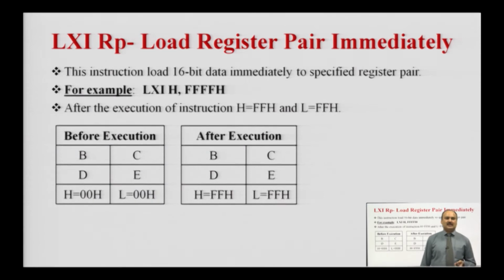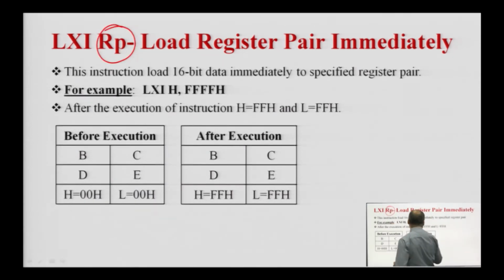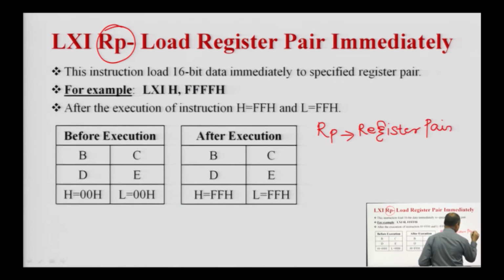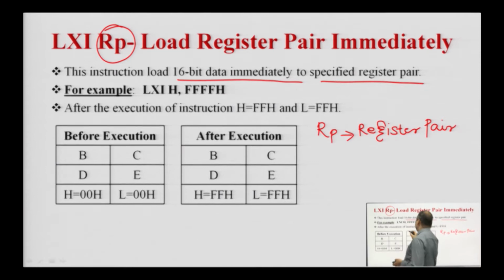Next instruction is LXI RP. Again, this RP is nothing but the register pair. RP stands for the register pair. This instruction loads 16-bit data immediately to the specified register pair.